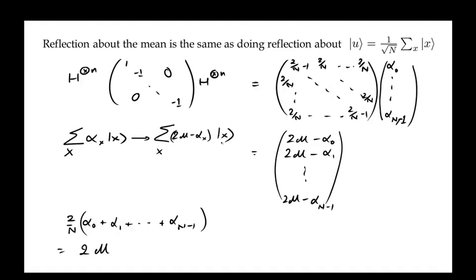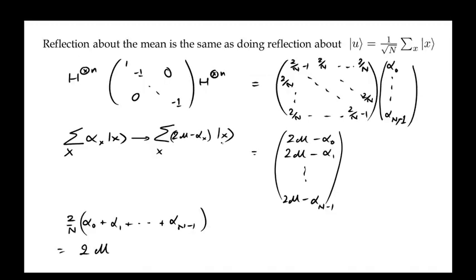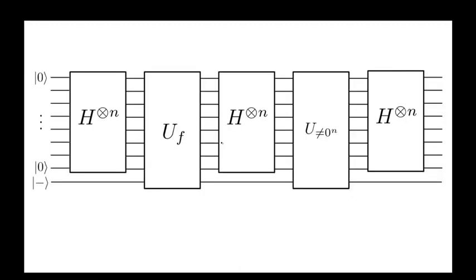Okay, so now we are all set to go. We understand how to do a reflection about the mean and how to do a phase inversion. Okay, so remember what we wanted to do in our implementation of Grover's algorithm was we first start off with an equal superposition. So remember these were the steps.